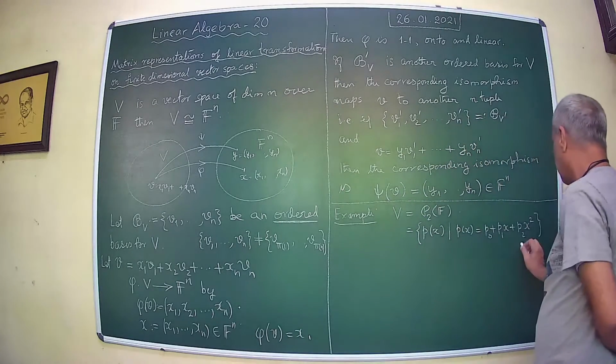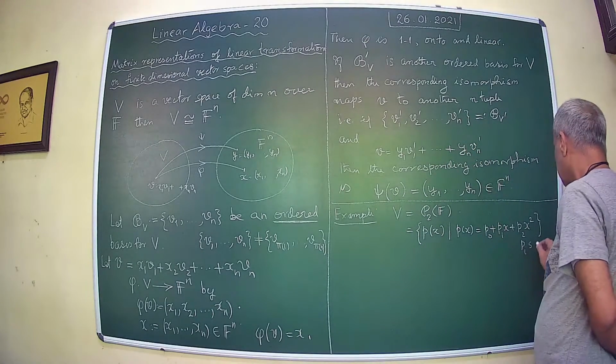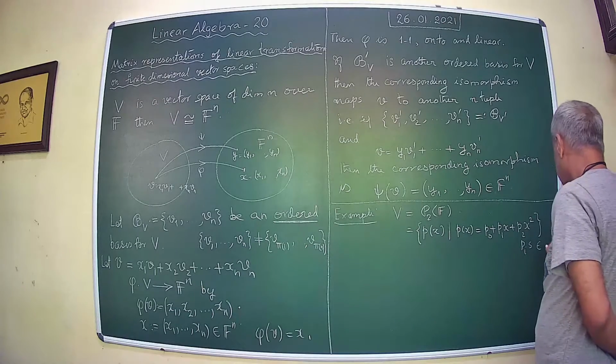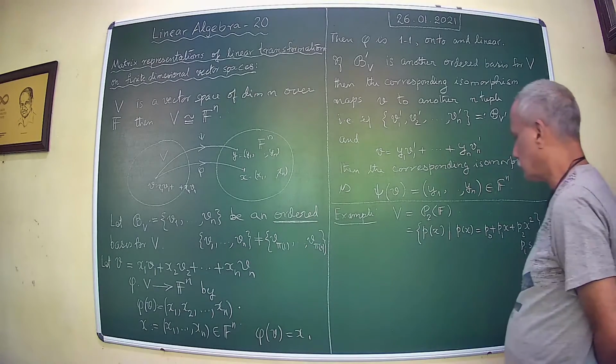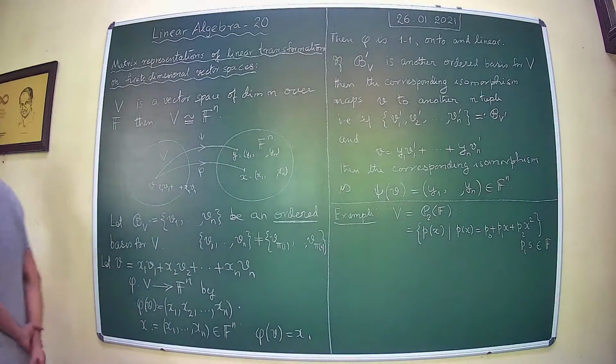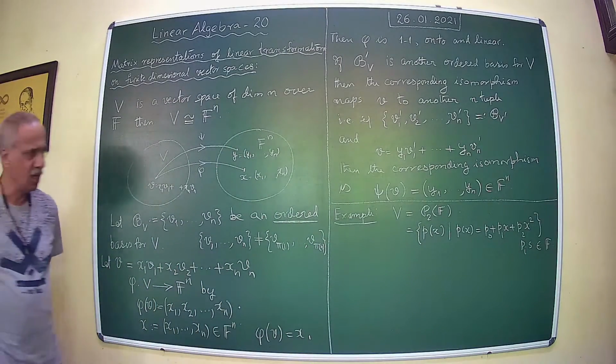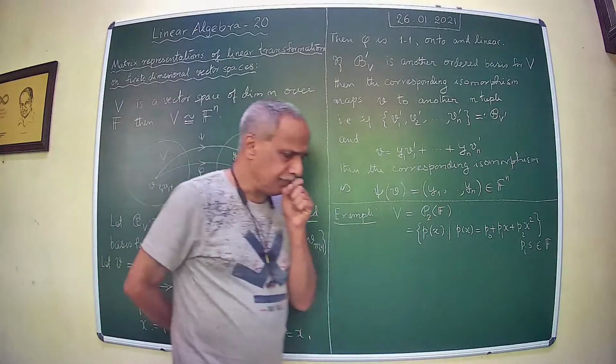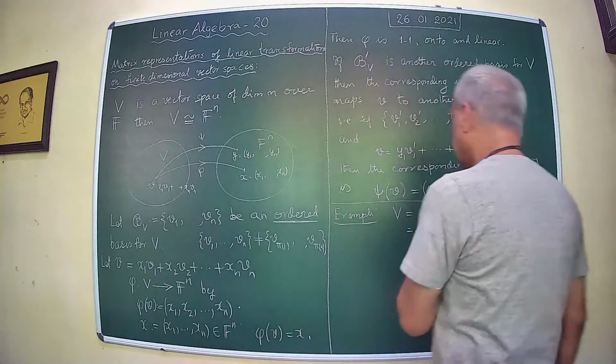P2 belongs to V. With the usual addition and scalar multiplication, this is a vector space, and you know that it is a vector space of dimension 3.